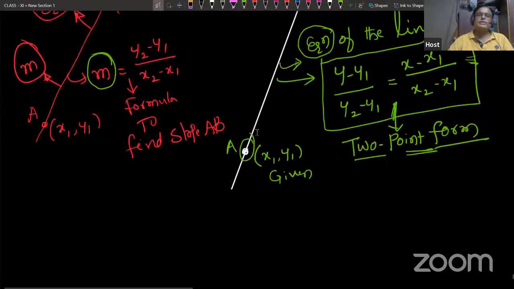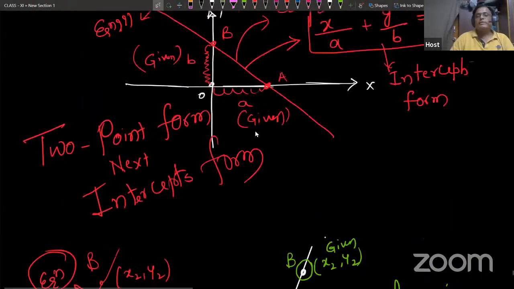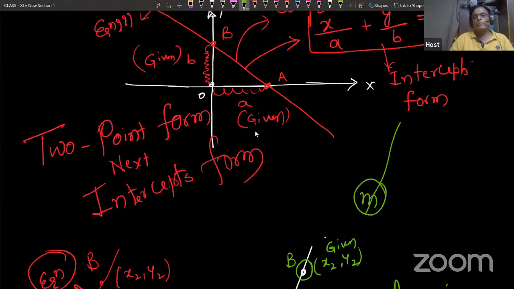Before proving it, I'd like to confirm the first theorem: when we know the slope m and the passing point is (x1, y1), the equation of the line is y minus y1 is equal to m into (x minus x1). Correct?